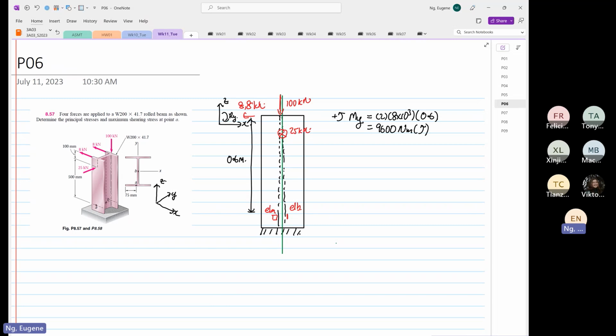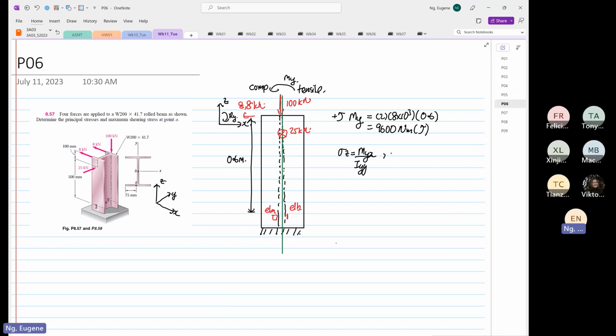So when it's going that way, we know that this is moment Y. So we know that this is compression, and this is tensile. So what you can see over here is that stress Z is equal to My over Iyy multiplied by x.